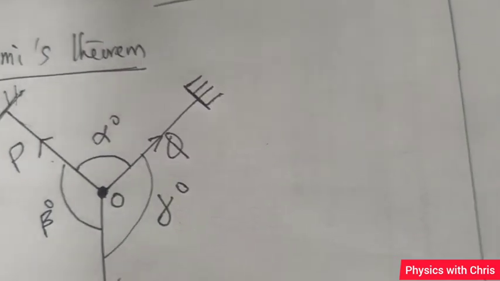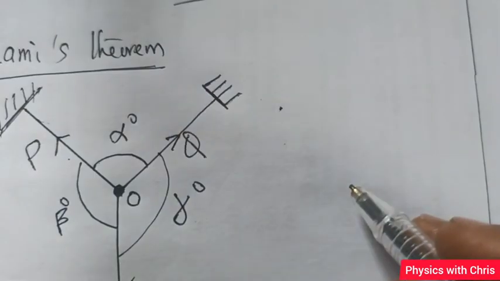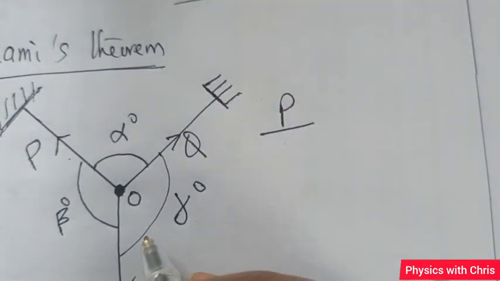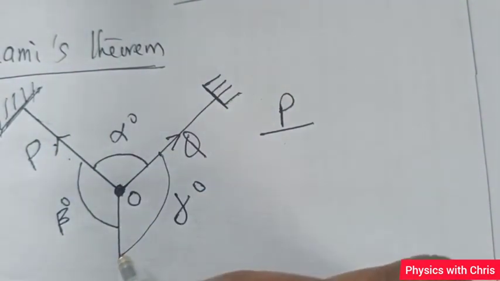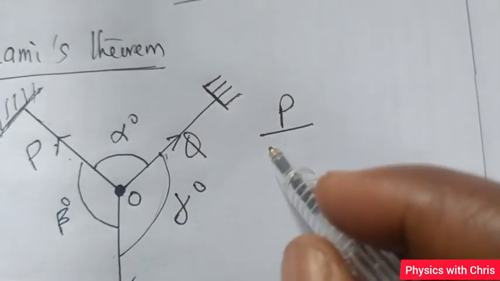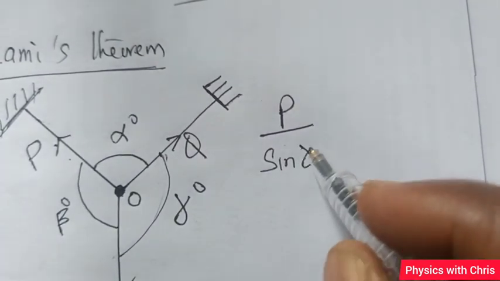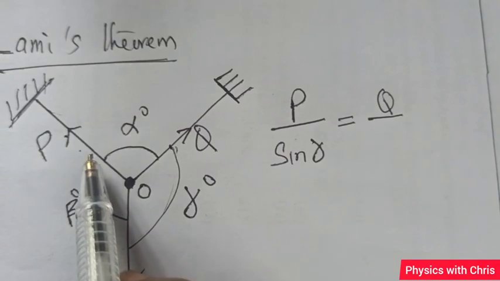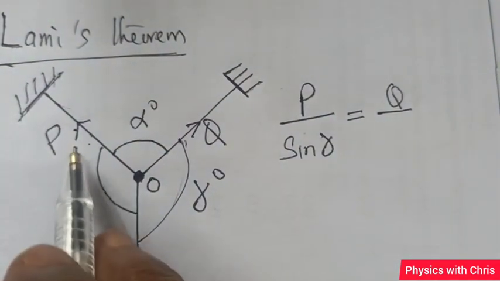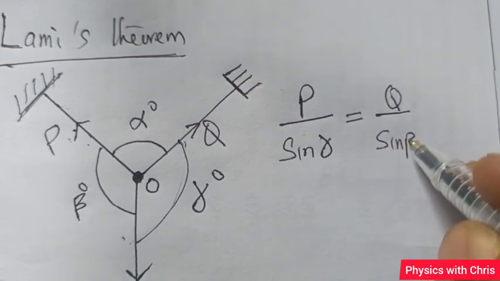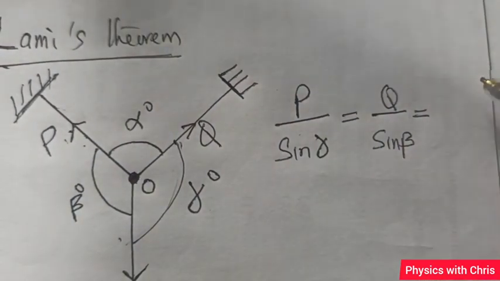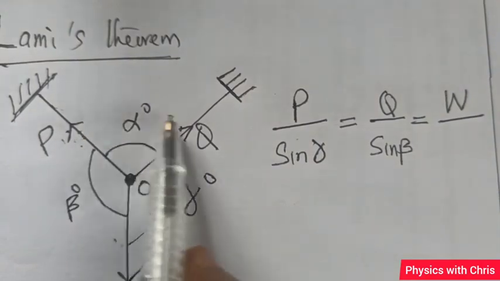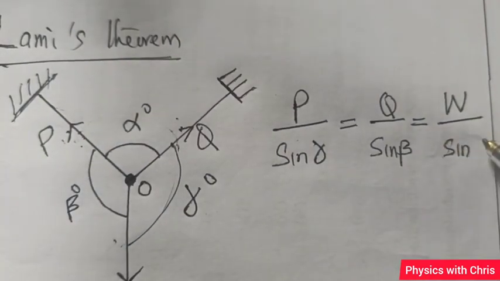Lami's theorem says that the ratio of one of the forces, let's say force P, to the sine of the angle between the other two forces, which is sine gamma, is equal to force Q over the sine of the angle between the other two forces P and W, that is sine beta, and is still equal to force W, the weight of the body, over the sine of the angle between the other two forces, that is sine alpha. I'm sure you got it.